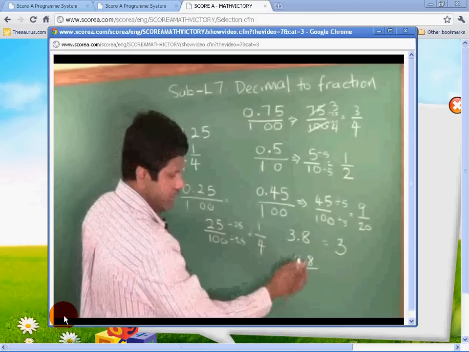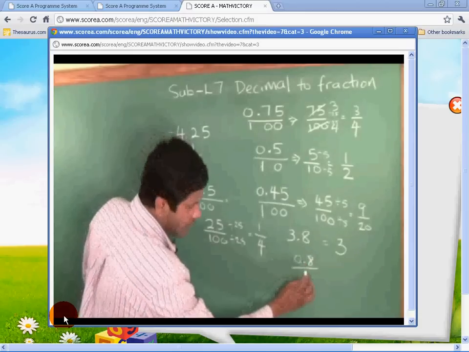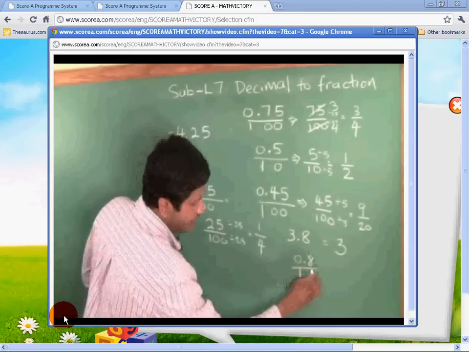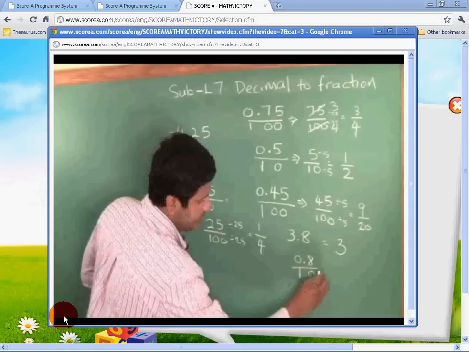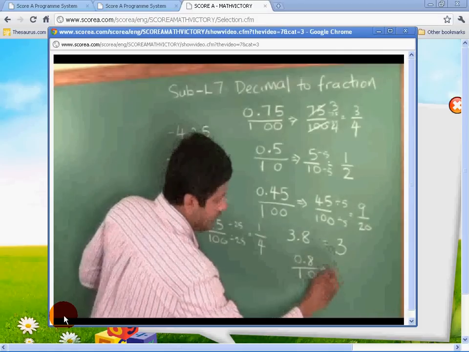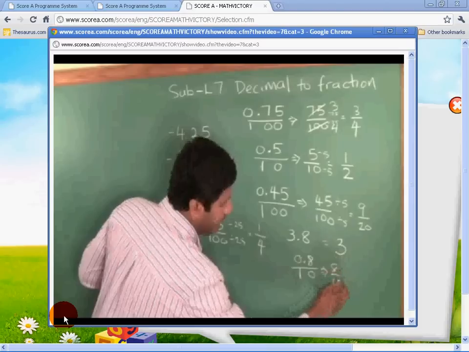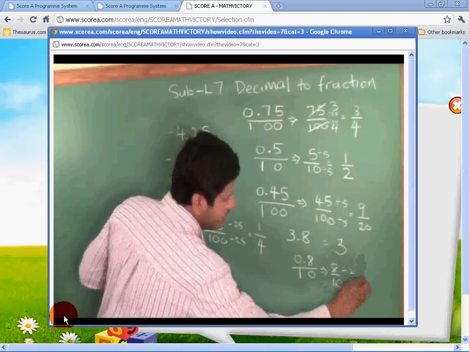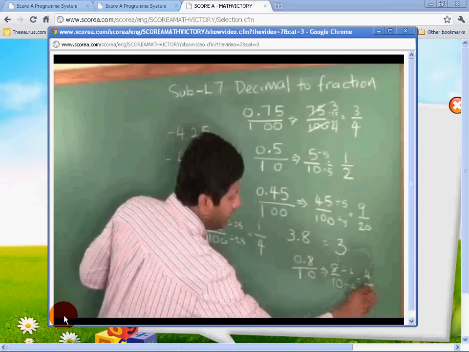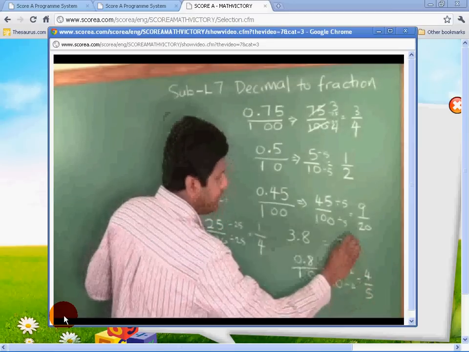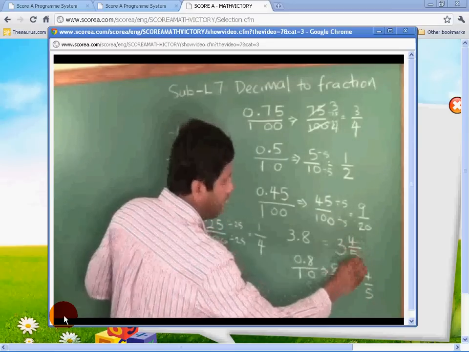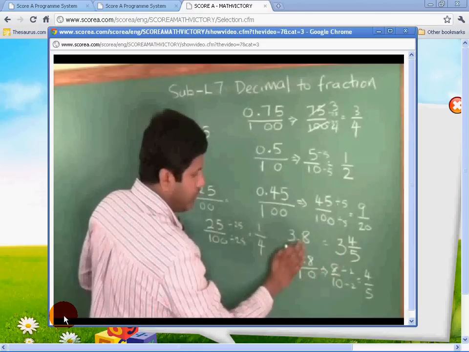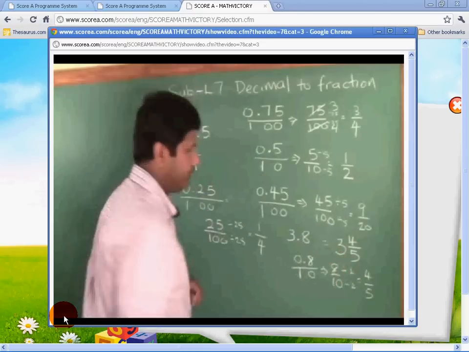We put a line right down here. This side 1, this side just a 0. So that makes it 8 over 10. A common number you can divide is 2: this one by 2, this one by 2, gives me 4 over 5. So bring that up, 4 over 5. That 3 right there, 0.8 is the one we changed to do that.